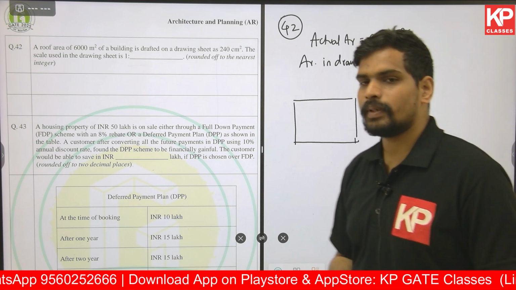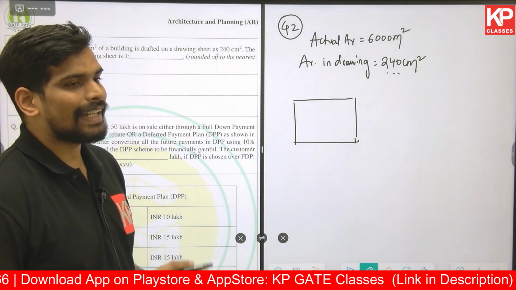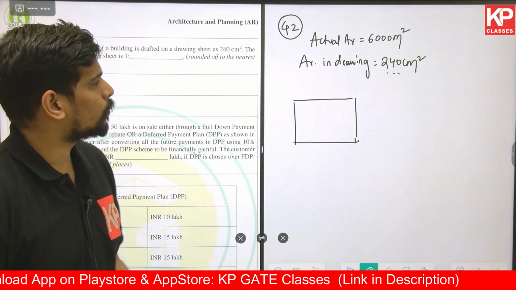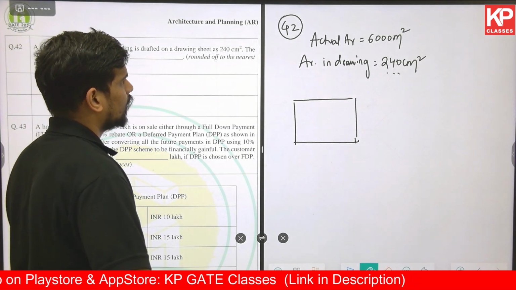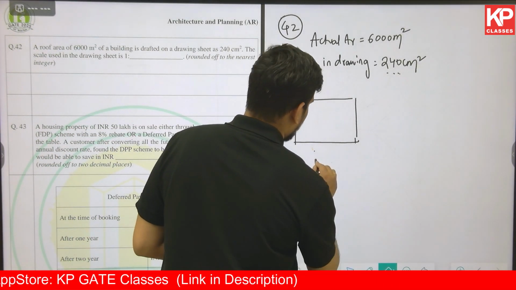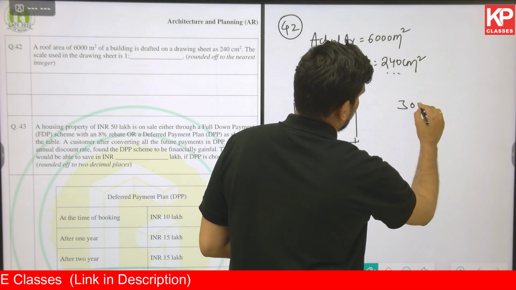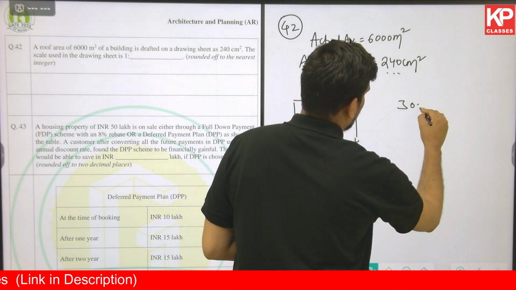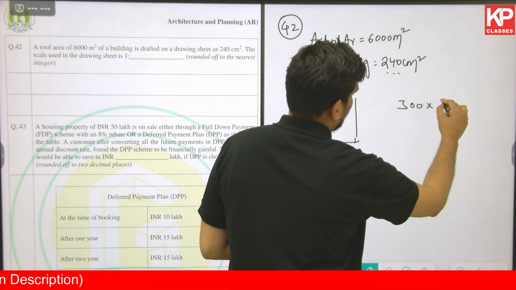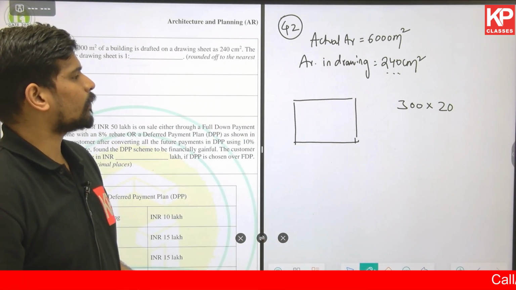You can write this in multiples of 3 and 2, in a 3 is to 2 proportion. You can take 6,000 as 300 into 20, something of this sort.